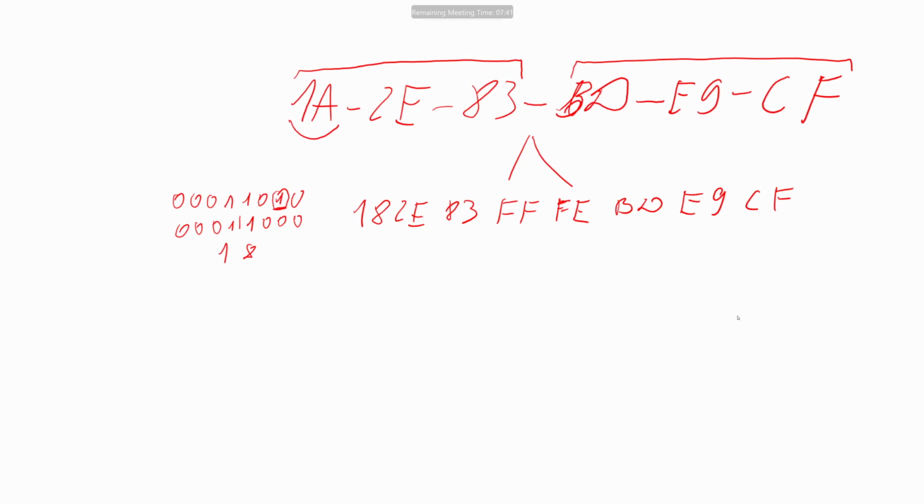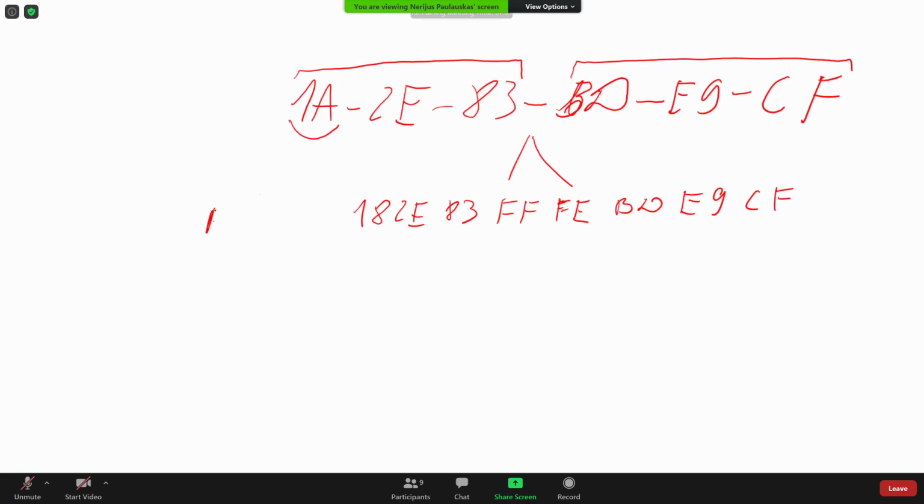For inside networks we only change the second part. And for local IP addresses, usually it starts with a capital F, E, 8, 0, like this.